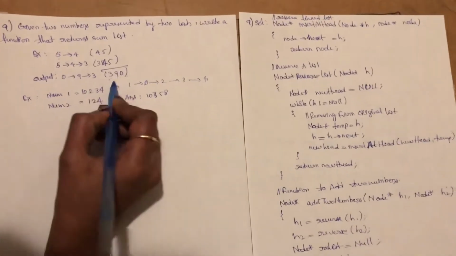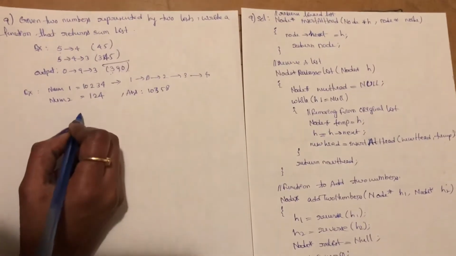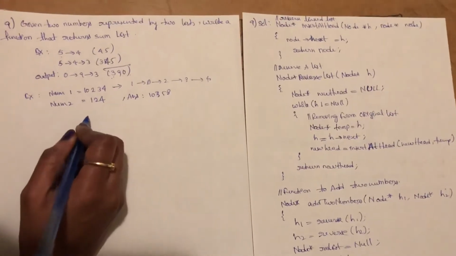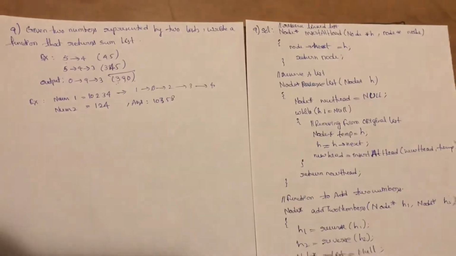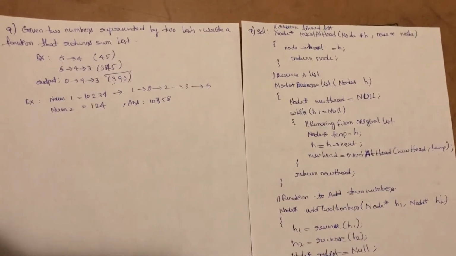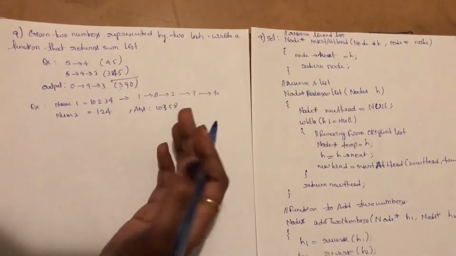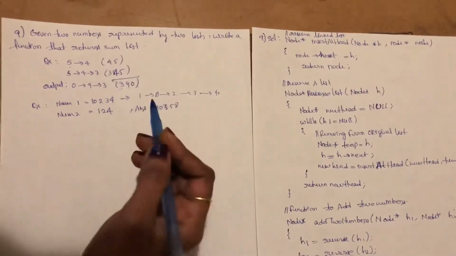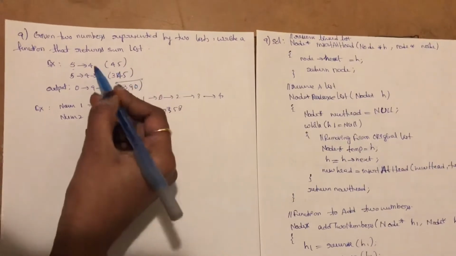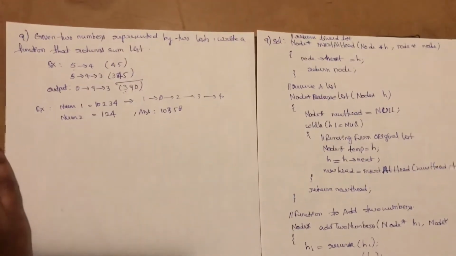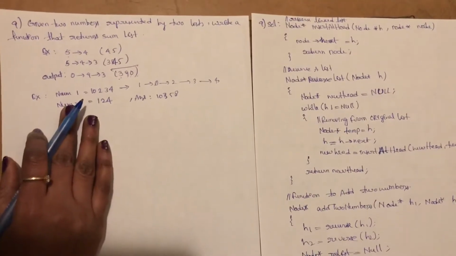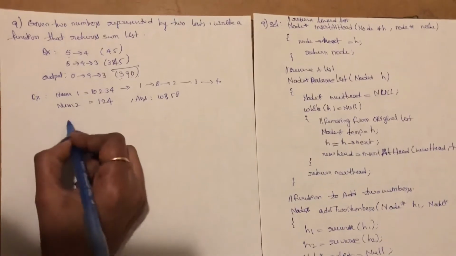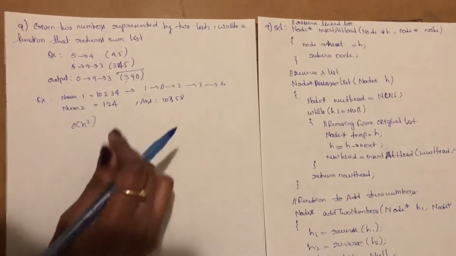To get this sum, what is our approach here? If we use the brute force method, we have to add these two by moving backwards, so it is going to be an order of n square time complexity.